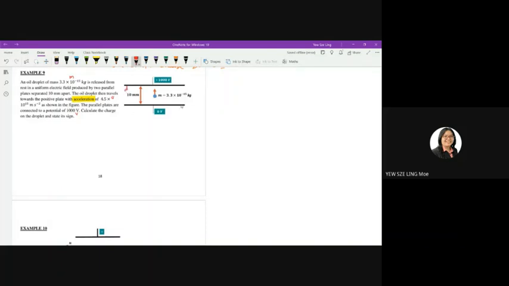You have d, you have V, so you can calculate E. E equals delta V over d. Sometimes you have to check the diagram as well: 1000 minus 0, divided by d, which is 10 mm, 10 times 10 to the power negative 3. So it equals 1 times 10 to the power of 5 V m negative 1.